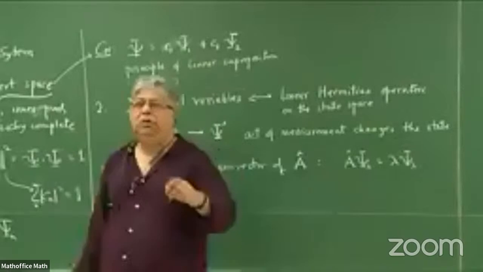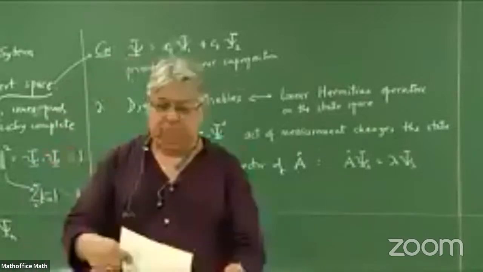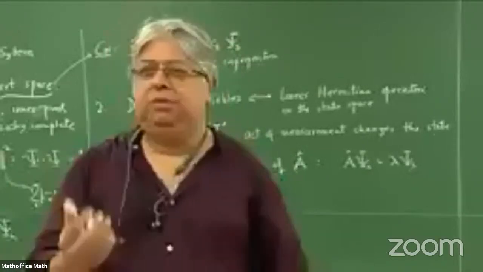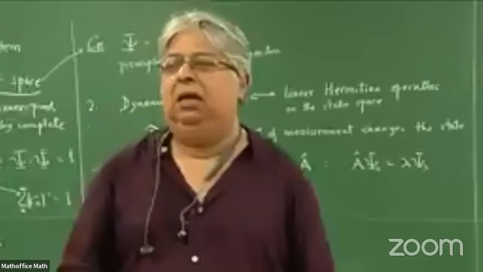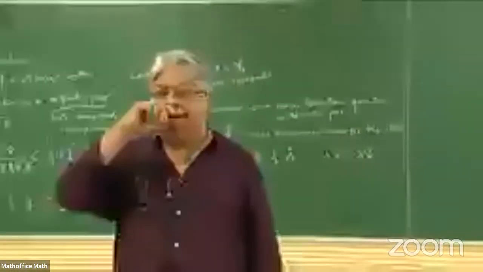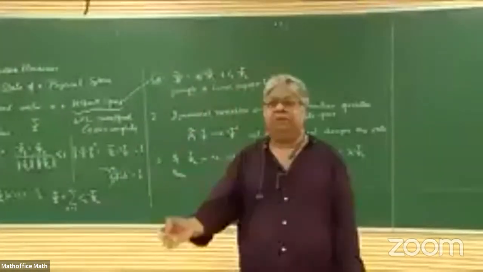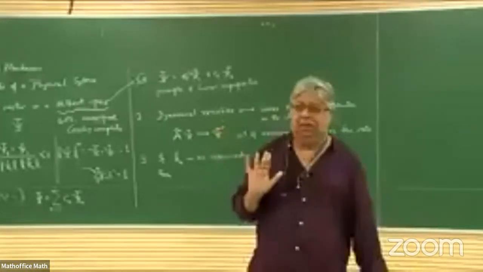Just a question: when you say dynamical variable, what's an example? I just said it: position, momentum, angular momentum, energy. Then the dynamical state is something abstract? It's something abstract, yes. It is abstract, and all the information about the state is somehow located in it.